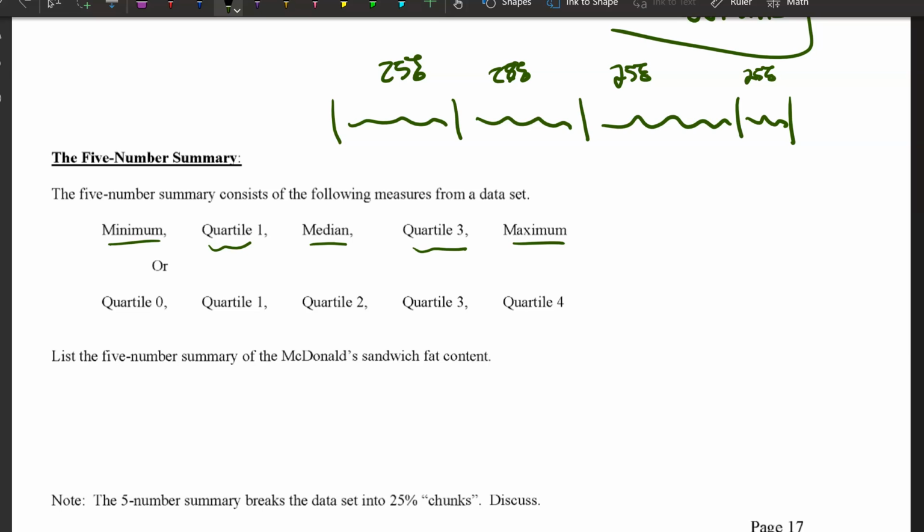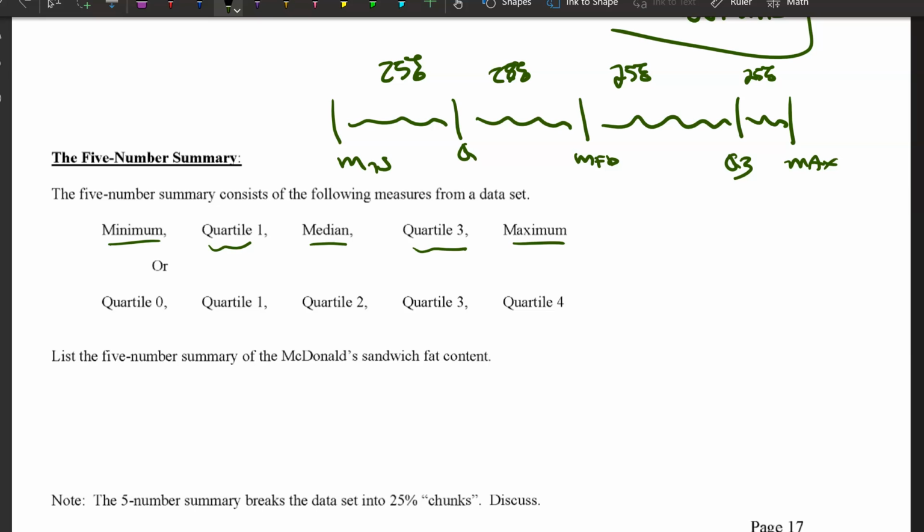So it's min, max, Q1, Q3, median. That's why they're called quartiles: it takes 5 values to divide the number line into 4 sections.